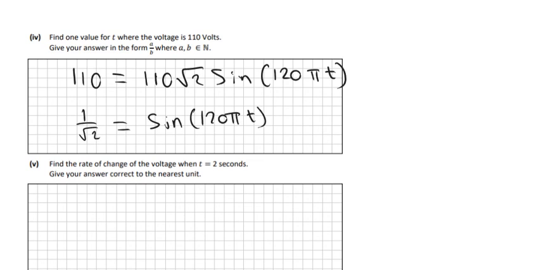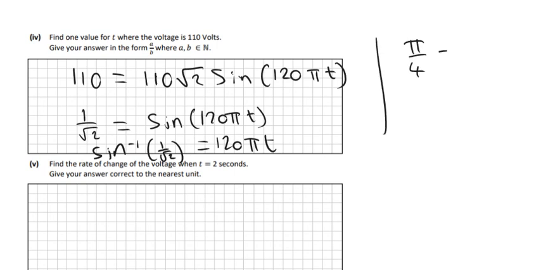Now what you can do straight away is sin inverse of 1 over root 2, and you'll get something equal to 120 pi t. So bring over the sin and do sin inverse of 1 over root 2, in radians, and that'll be pi over 4. So pi over 4 equals 120 pi t.